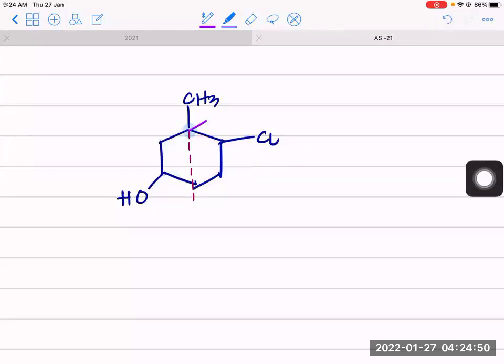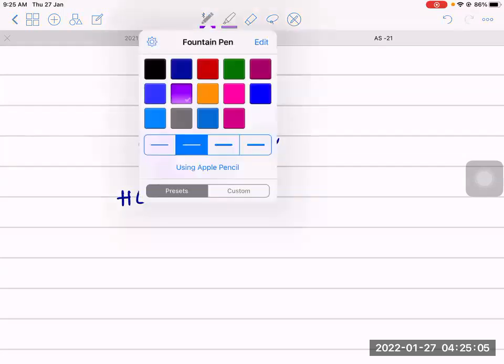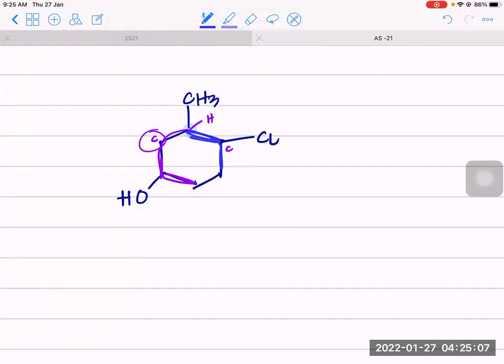Now, what you guys usually think is, oh, one is a CH3, one is a H, one is a C, one is a C. Oh, same. No, it's not just this C, it's this whole thing up till here, which is the third bond. And this whole thing from here to here, which is the fourth bond. So how will you identify it?